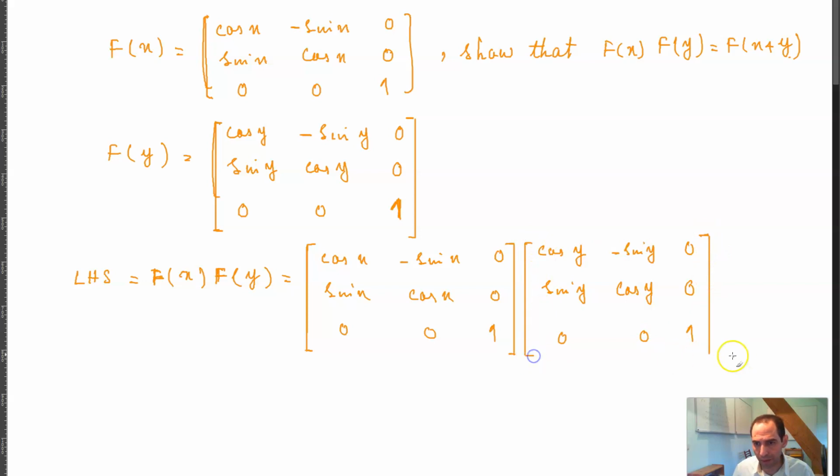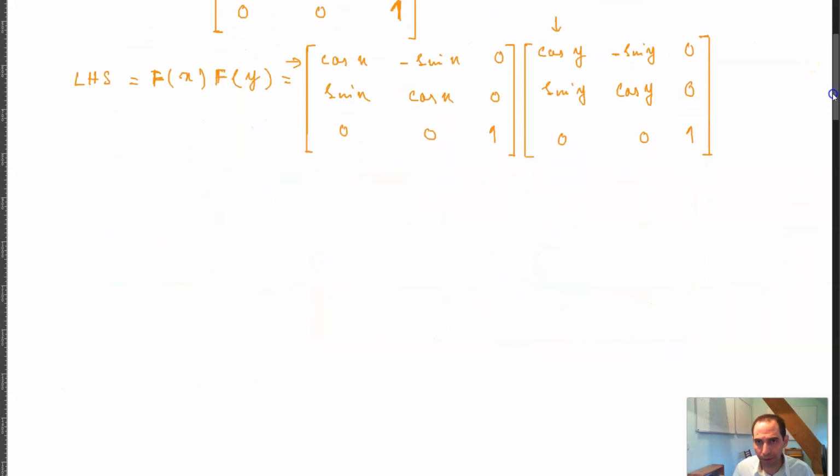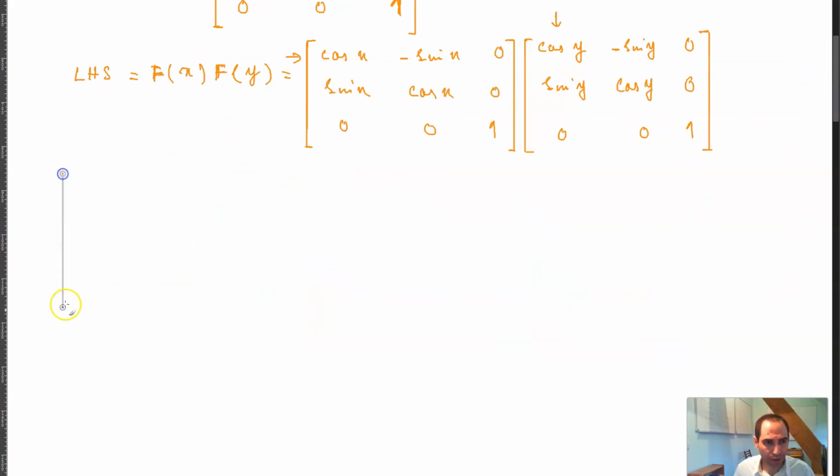If you multiply these together, you can go this row, this column. What you will get is a matrix, this is 3 by 3 times 3 by 3, so you get a 3 by 3 matrix. So you have cos x cos y, and negative sine x sine y, and then 0 times 0 is equal to 0, right?